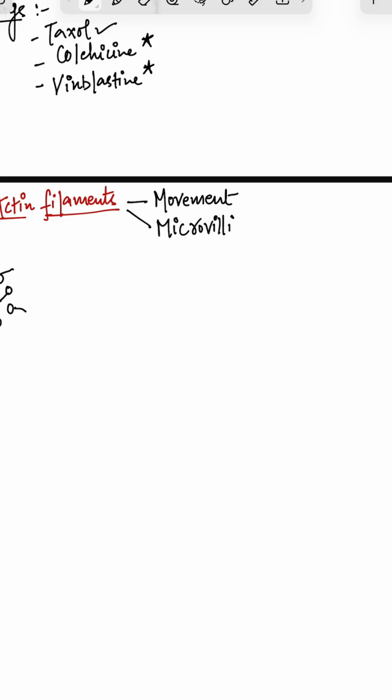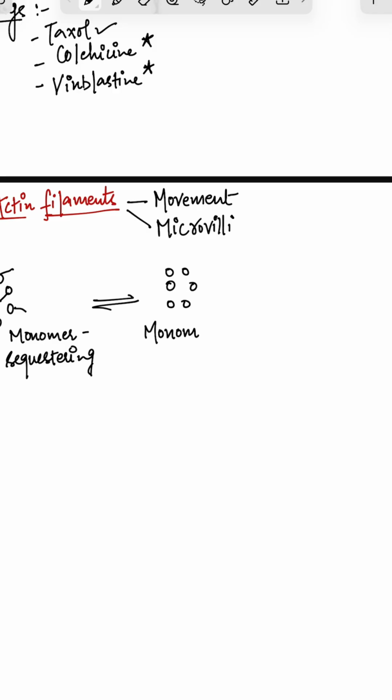cells lining the intestine. Here you can see that actin filaments grow by addition of actin monomers, but in order to stop more addition of actin monomers, proteins such as thymosin and profilin bind to the monomers. When monomers are sequestered, it is a reversible reaction where monomers get aligned together and form long actin filaments.